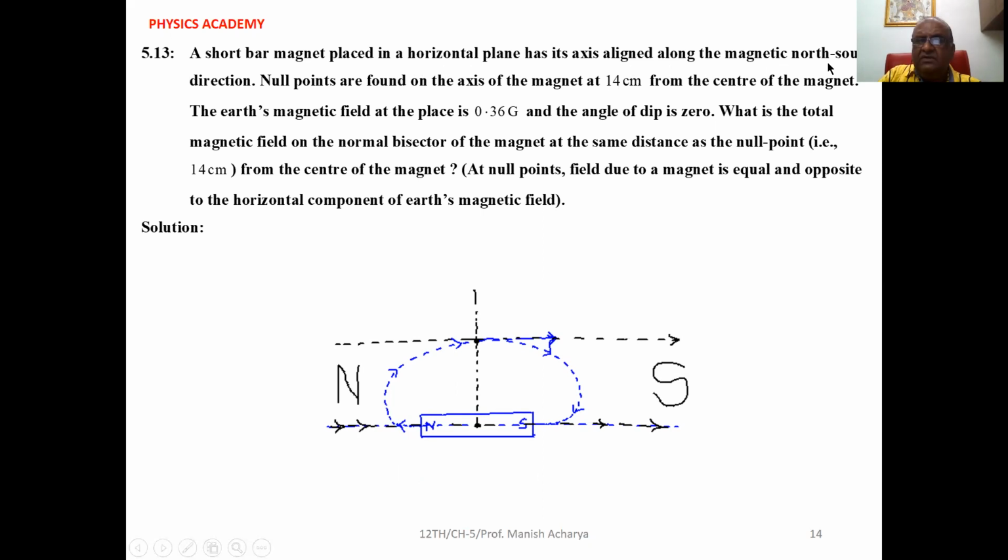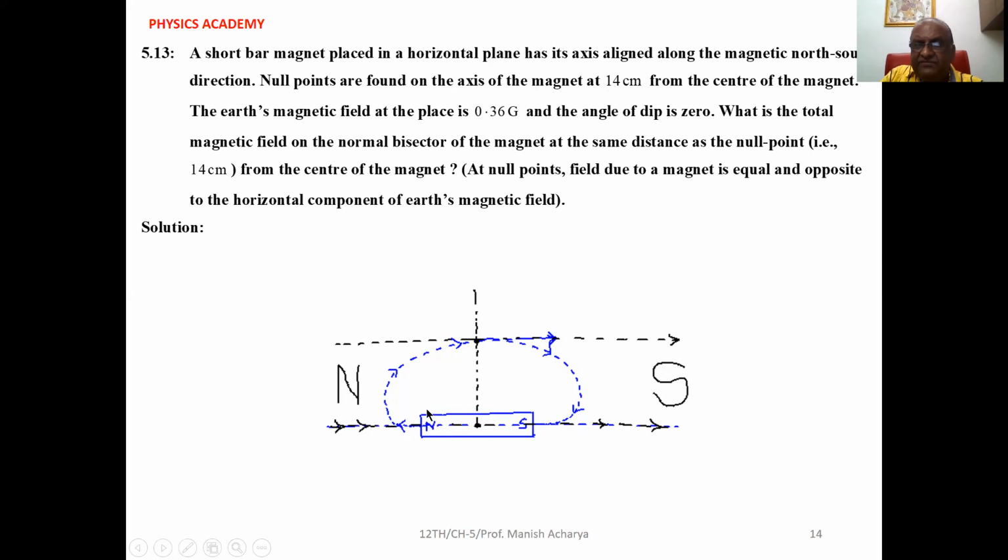Axis aligned along the magnetic north-south direction. Okay, so this one is north pole of the external magnetic field. This one is the south pole of external magnetic field. And null point is found on the axis of the magnet.